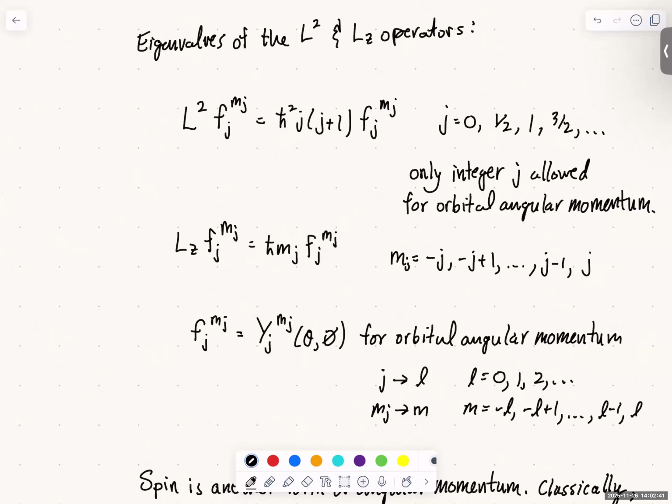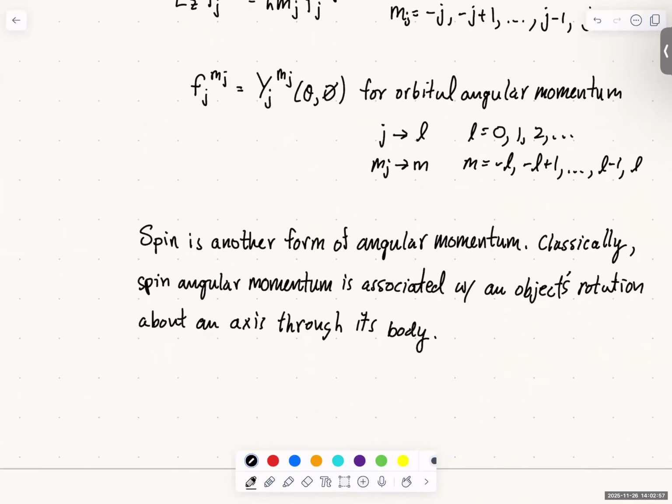For orbital angular momentum, we then found the actual eigenfunctions and found they were exactly the same spherical harmonics that we got when solving for the wave function of the hydrogen atom. That's roughly where we ended last time.